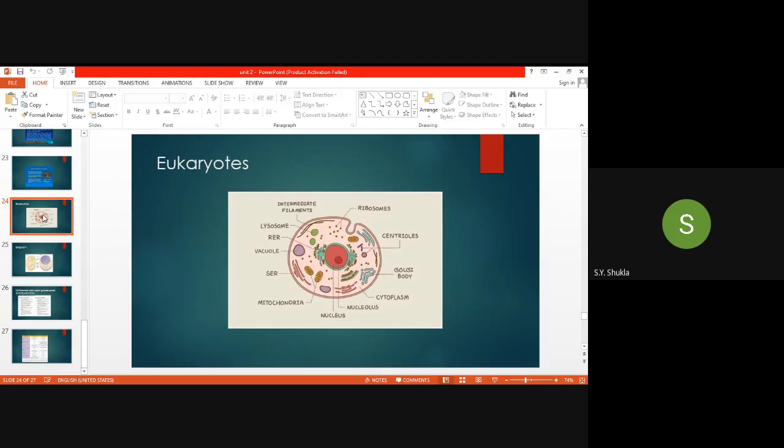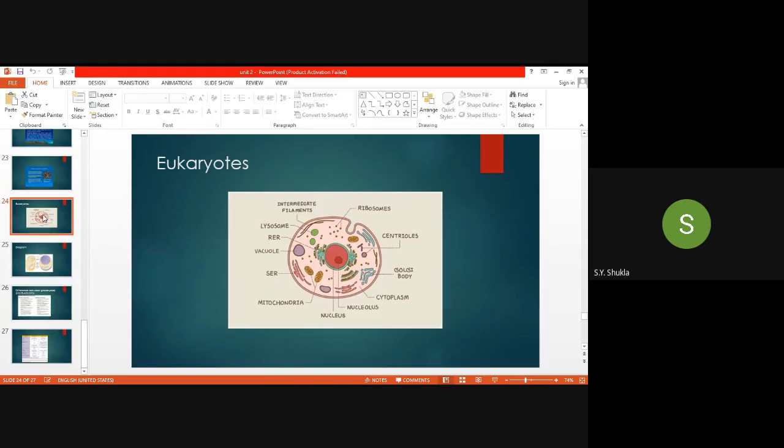Like amoeba and euglena, both are single cell organisms. We cannot easily study them. We have to study these organisms under the microscope. But the multicellular organisms like a tiger, a crocodile, plants, large trees like banyan, pimple, all are coming under the eukaryotes.